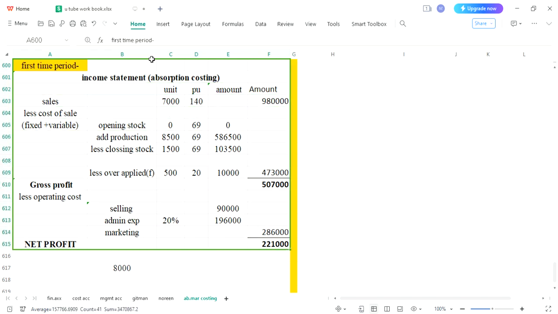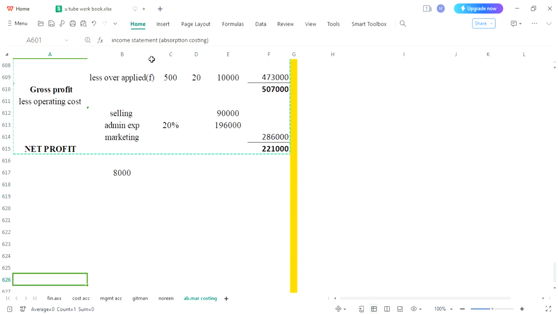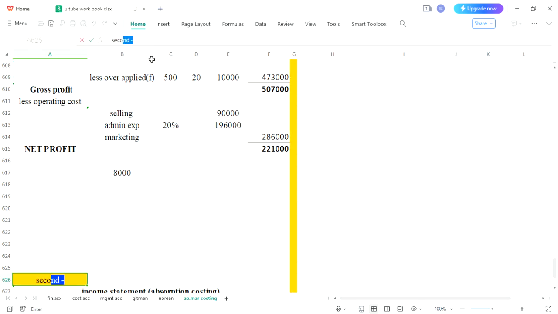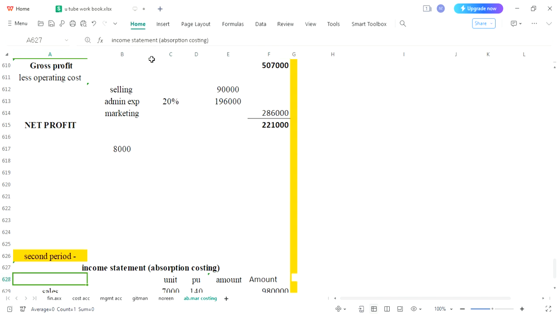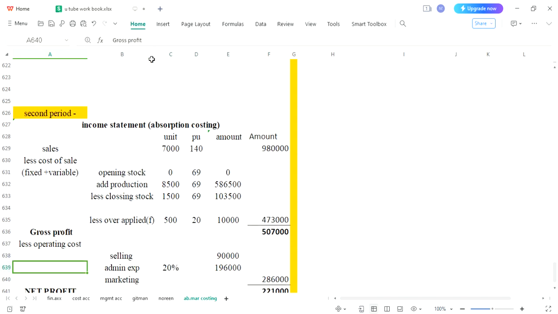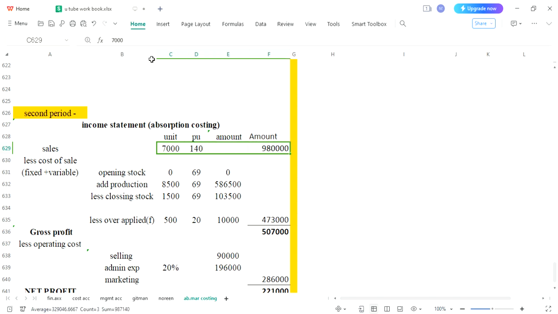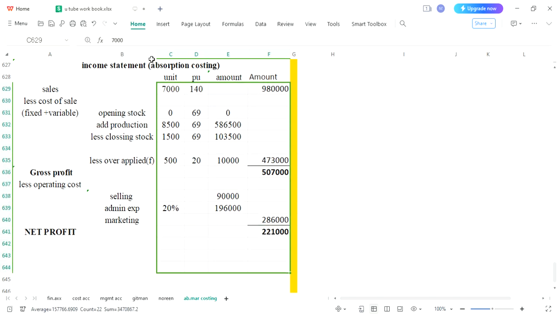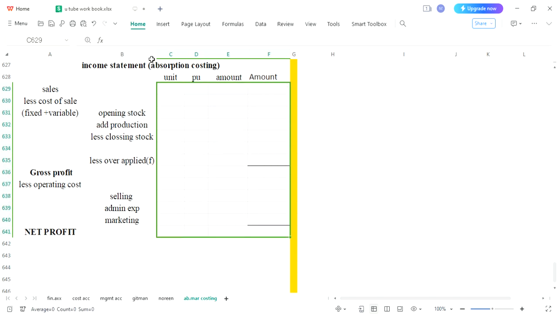I will take these headings and will use the same headings for making the income statement for the second period of time. And we will use the same headings except these numbers, since these were associated with the first part of our question, so we will erase them.